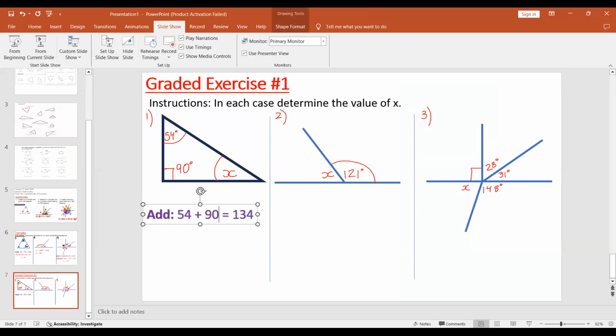Now when we do 54 plus 90, what would we get? 144, very good. Then we subtract 144 from 180. Why are we subtracting from 180? Because angles in a triangle add up to 180 degrees.